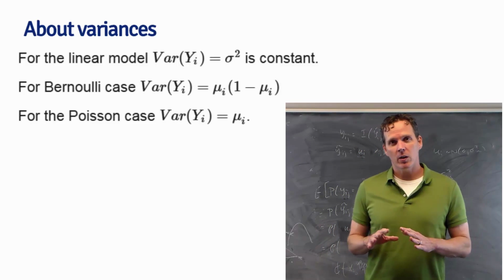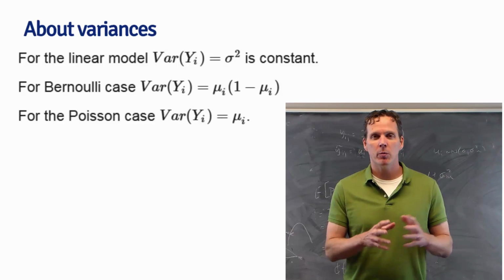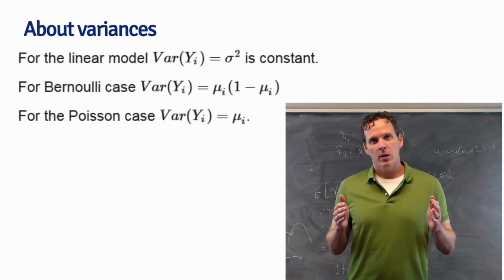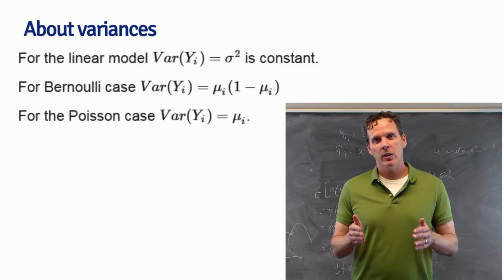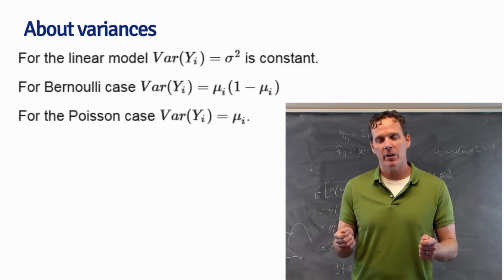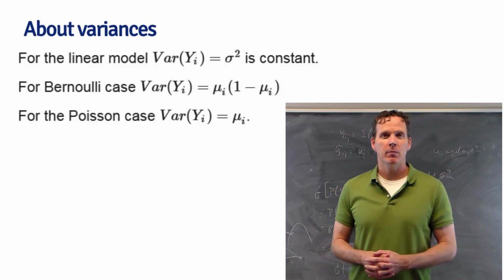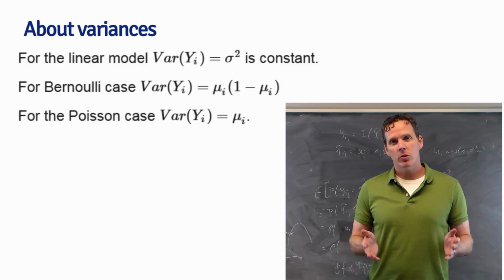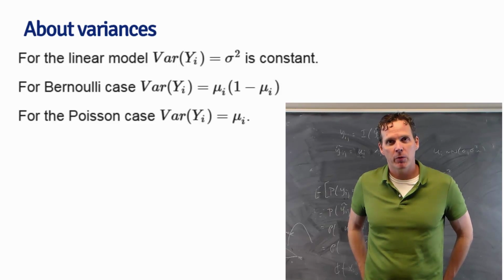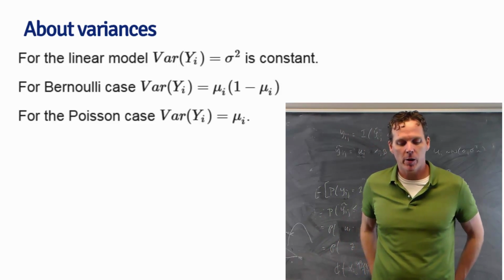This is an important practical consideration in generalized linear models: the modeling assumptions often put a restriction on the relationship between the mean and the variance, and that relationship may not hold in your specific data set. So what can you do? Well, there is a way to address this by having a more flexible variance model, even though you lose some of the assumptions of generalized linear models.